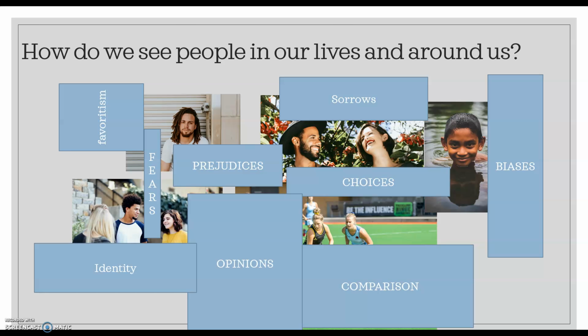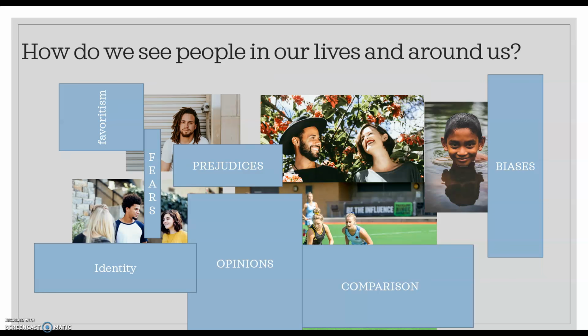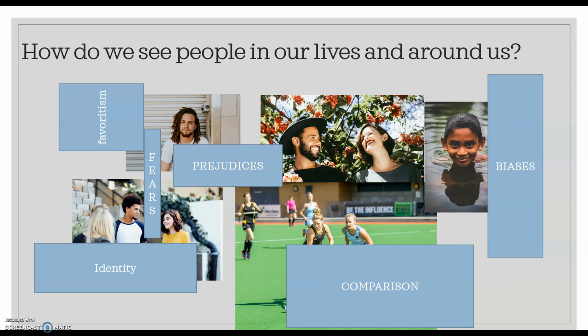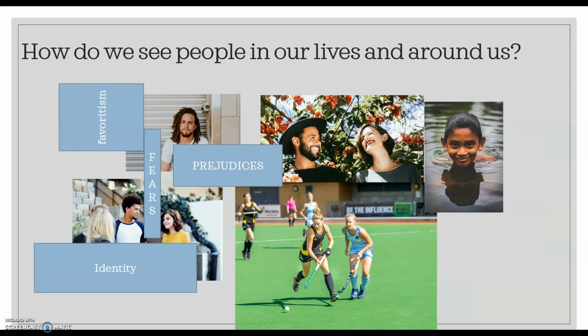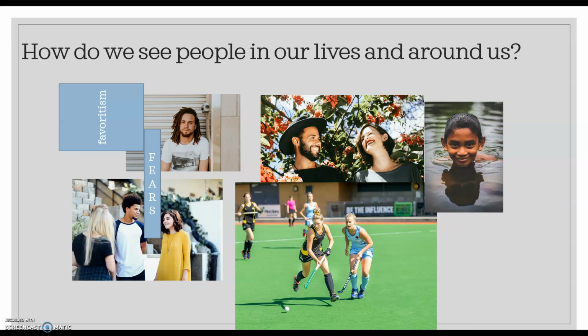Sometimes we live our entire lives based on one opinion we make about people, their choices. We have biases by our prejudices, by comparison, by identities, with our fears. We judge everything around us.